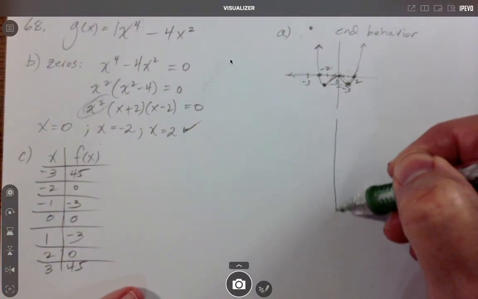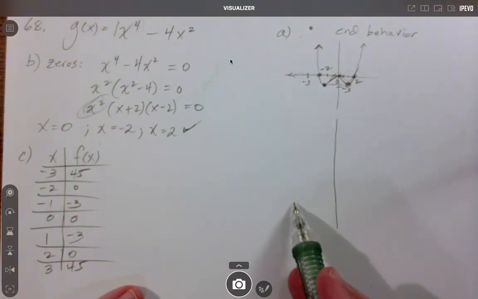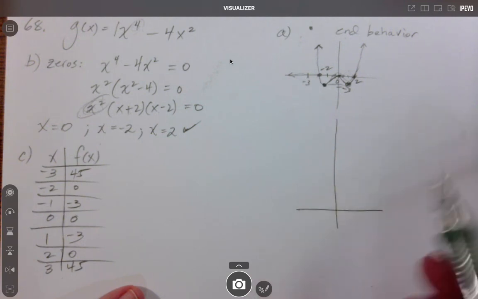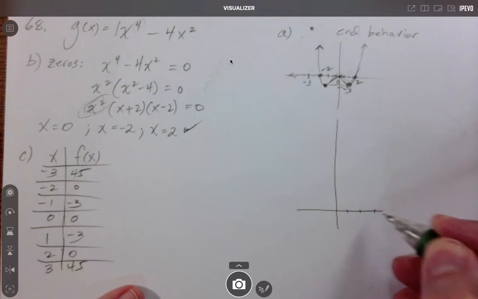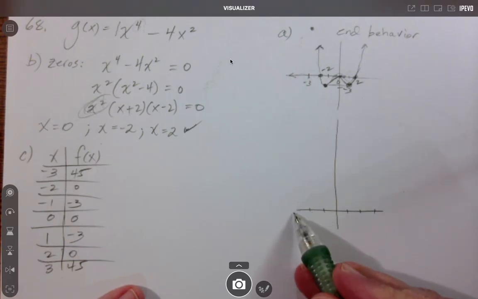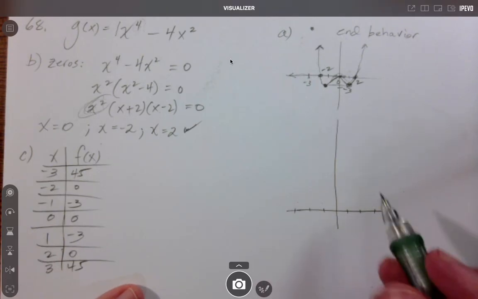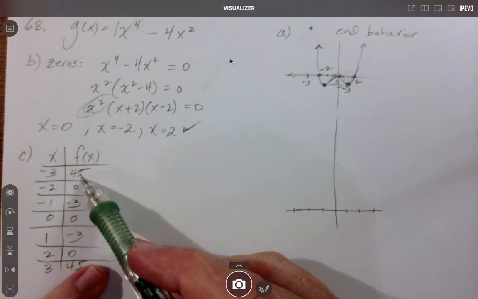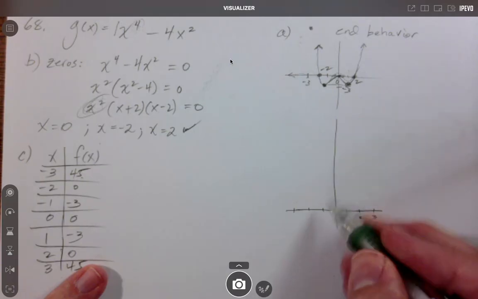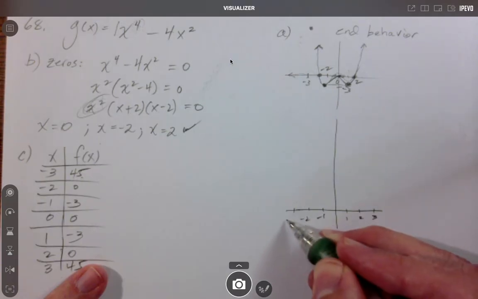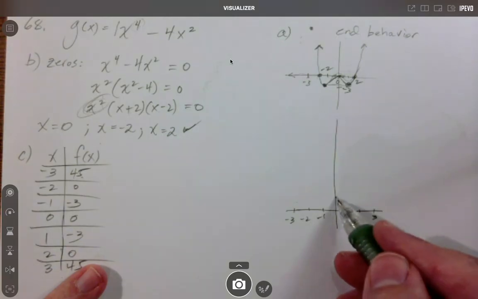I can do something like this. So we'll do 1, 2, 3, -1, -2, -3. And since I'm going all the way up to 45, I'm going to just count by 5. So that's 1, 2, 3, -1, -2, -3. But then I'm going to count here by 5.